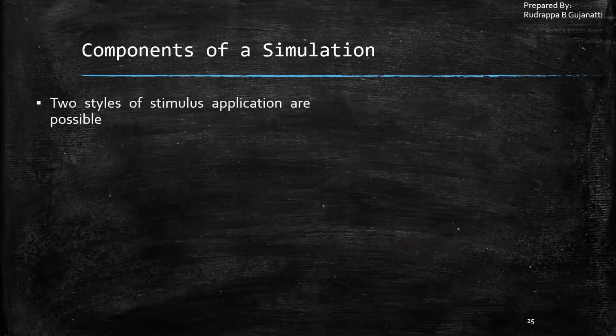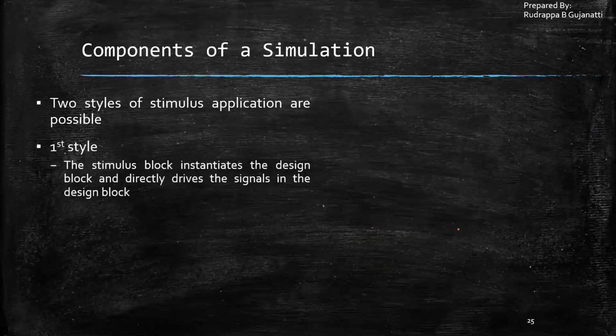So there are two styles in which we can apply the stimulus. The first method is that the stimulus block instantiates the design block. In the previous case, we had written something like T underscore FF, T FF not.